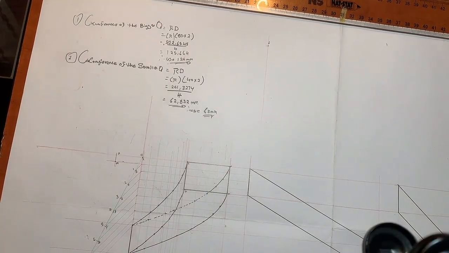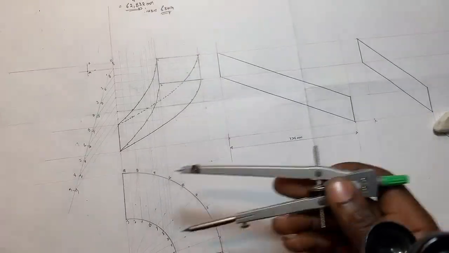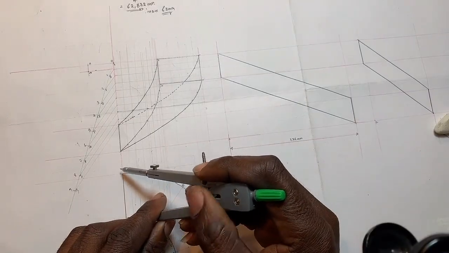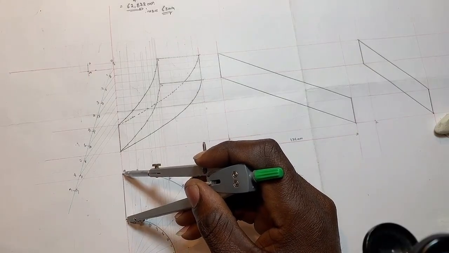So now I'm going to go from 9 to J. So I have to graphically calculate 9 to J. Take your drawing compass and pick from your top view 9 to J. Then there's my 9 to J.